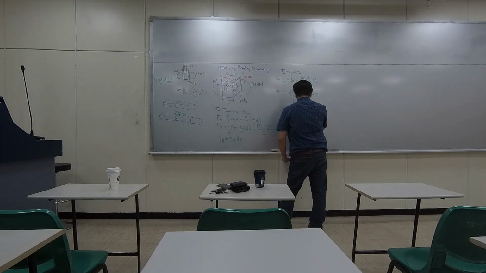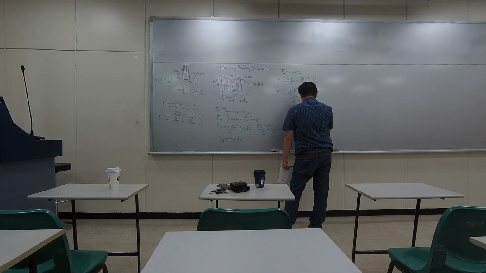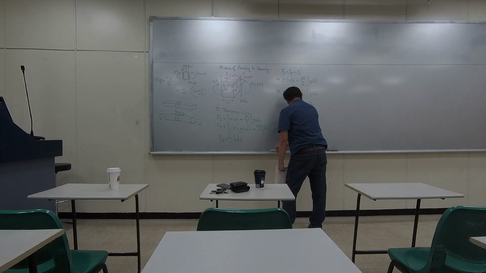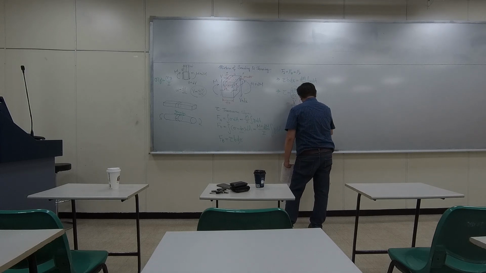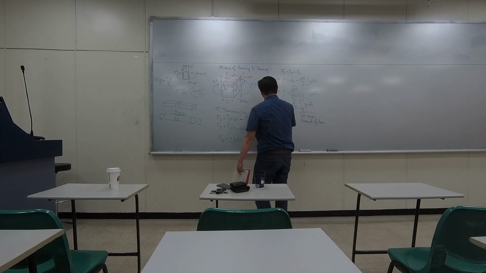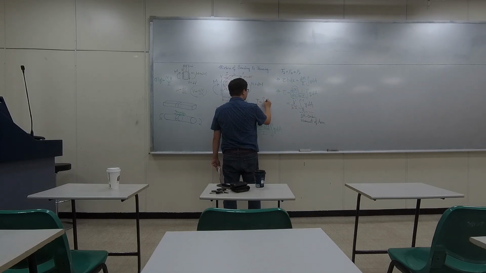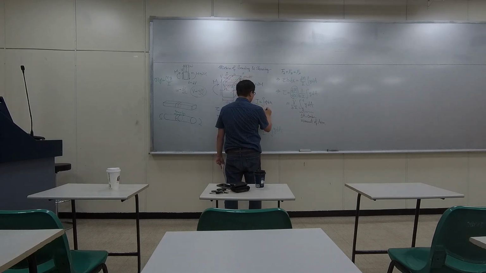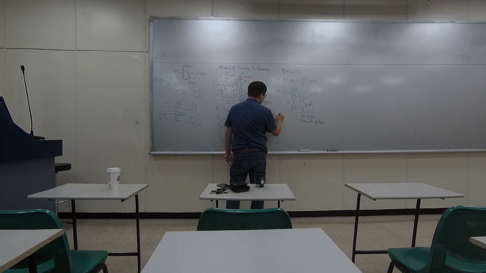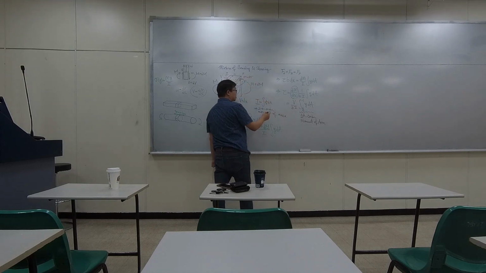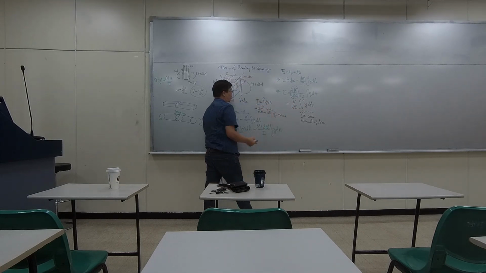And this is actually the first order moment of area, or area moment. Okay, so in the past we have I equals the integral of y squared dA. This is the second order moment of area. So the difference is this is a first order term, this is a square term.